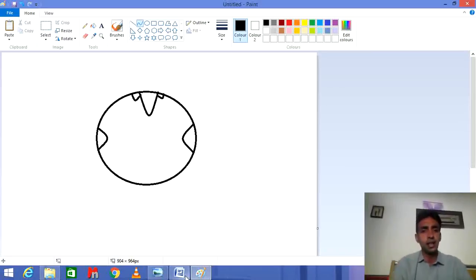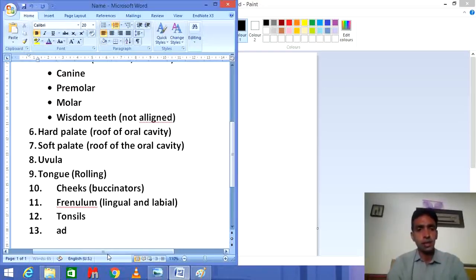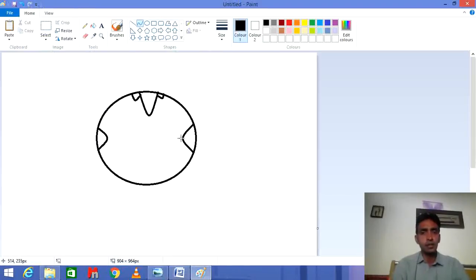These are called adenoid glands. Tonsils and adenoid glands are very important. Both the tonsils and adenoid glands are actually lymphatic nodules. These are lymphatic glands, which are responsible for scanning lymph, that is a type of serum.